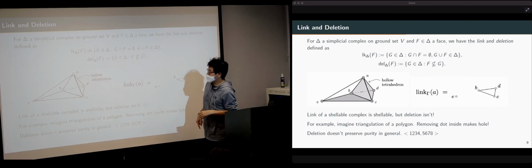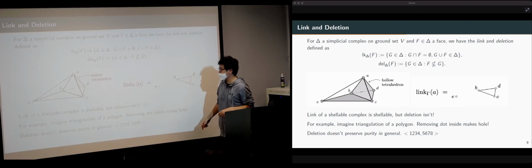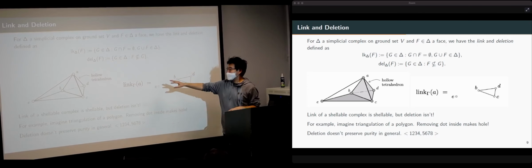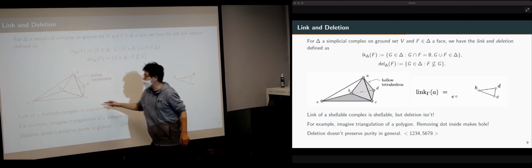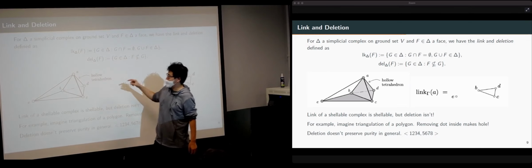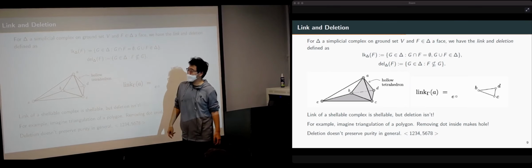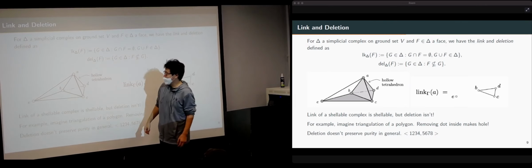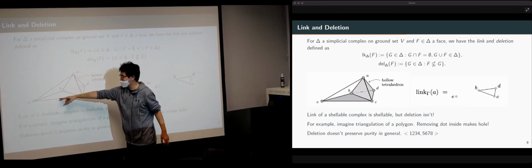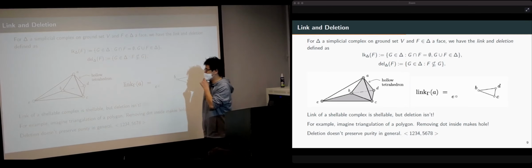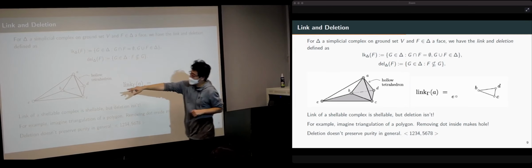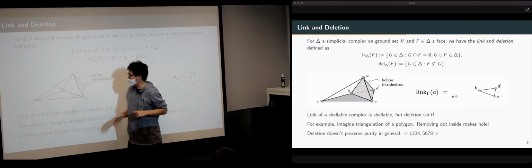So for example, somehow the colors are not being shown, but this is our original complex. And what happens is that we have the triangle EBC colored in. Again, I don't want to actually color it over here because I don't want to pay for it. So we have the triangle EBC colored in.